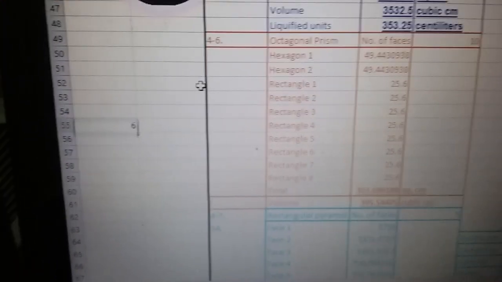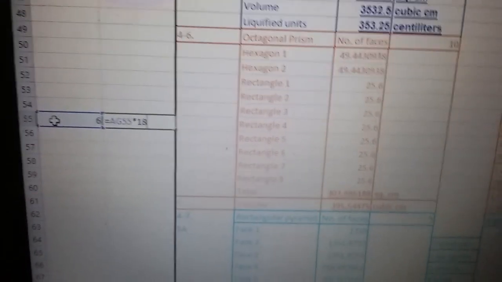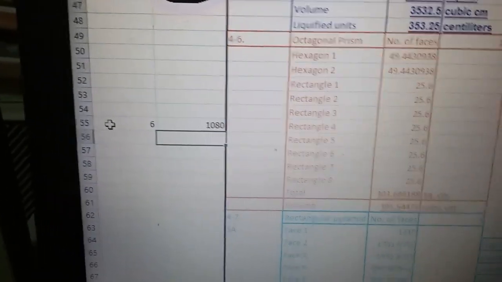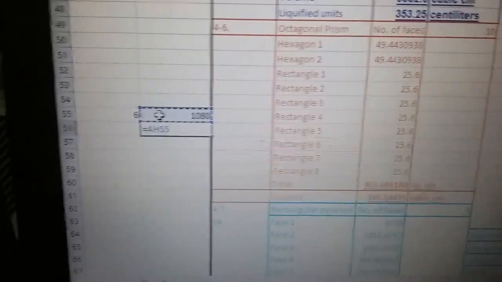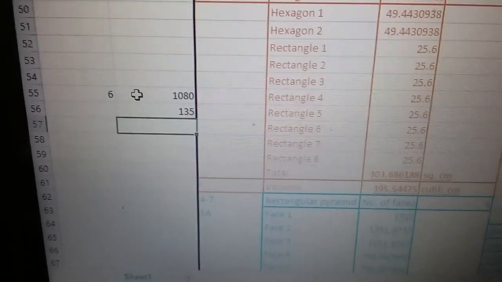Then multiply that by 180. So we get 1080. And then divide by 8. That's 135. We know in an octagon, we should get 1080 degrees. So if we divide it by 8, every angle must be 135 degrees.